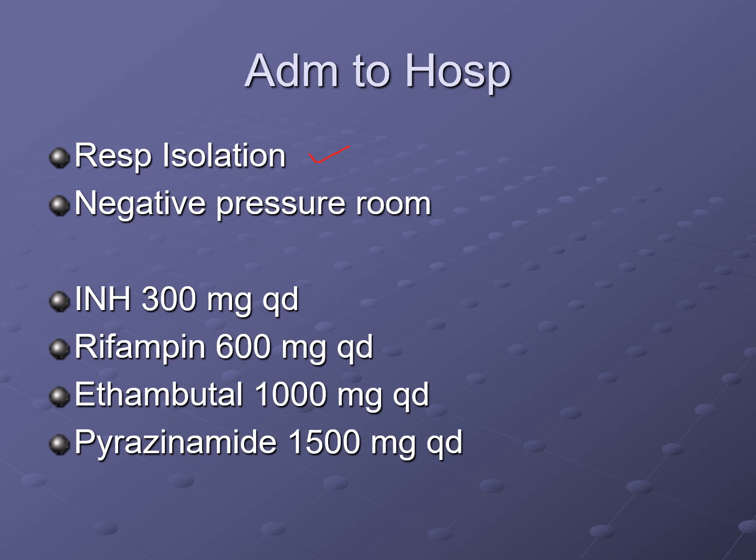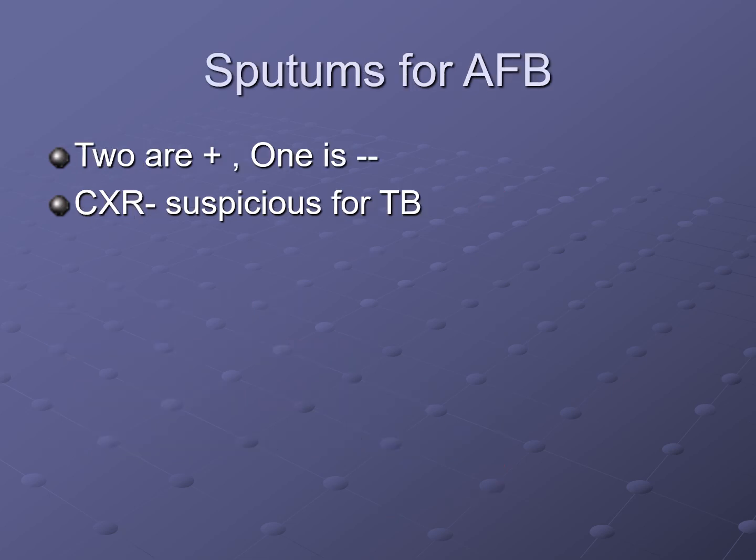So now he's been placed in respiratory isolation with a negative pressure room, and he's been put on 4-drug treatment. Generally, tuberculosis requires 3 drugs, and sometimes the more resistant versions require 4 drugs. There's some extremely resistant strains in North Korea right now that I'm hoping never come this way.